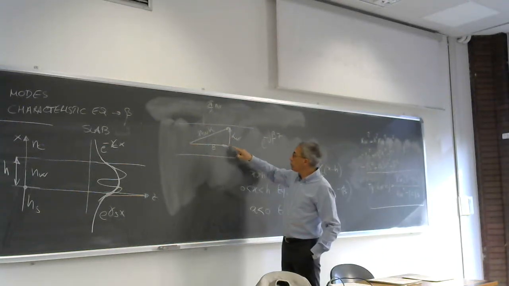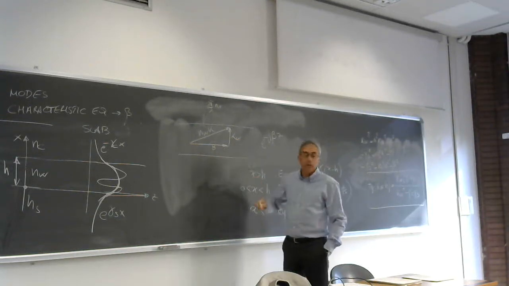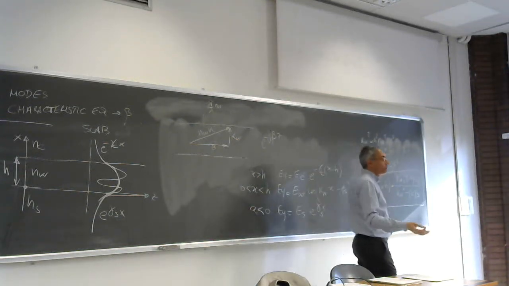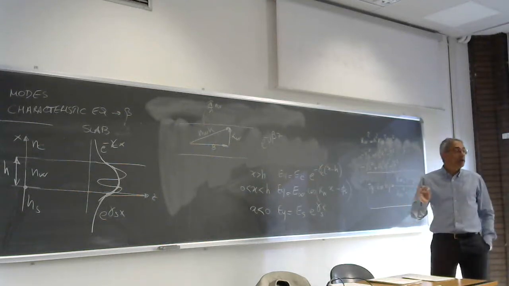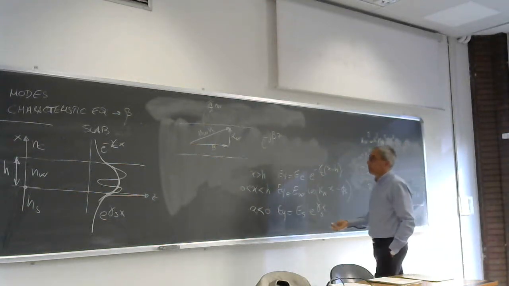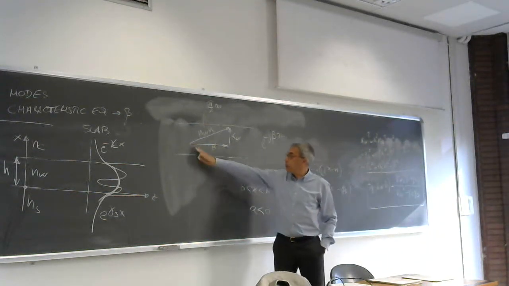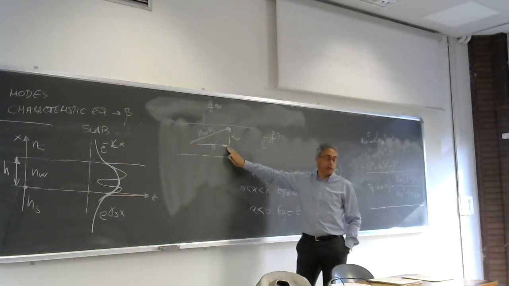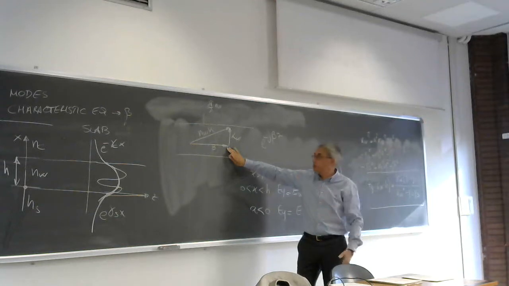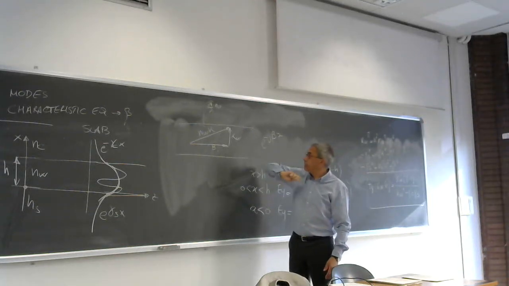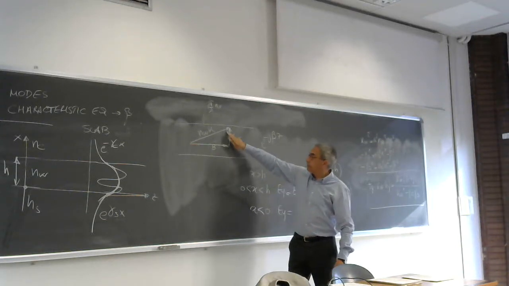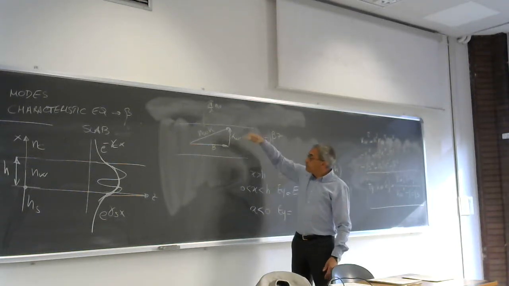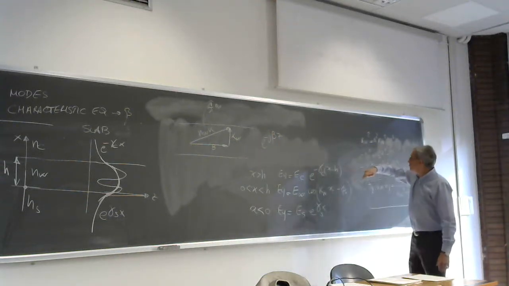So you always have, for a wave in a given structure in a given material, a relation between the wave vectors. This is the wave vector of the mode that we call the propagation constant or phase constant, the transverse wave vector, and the material wave vector. And the same is valid for the other two regions.